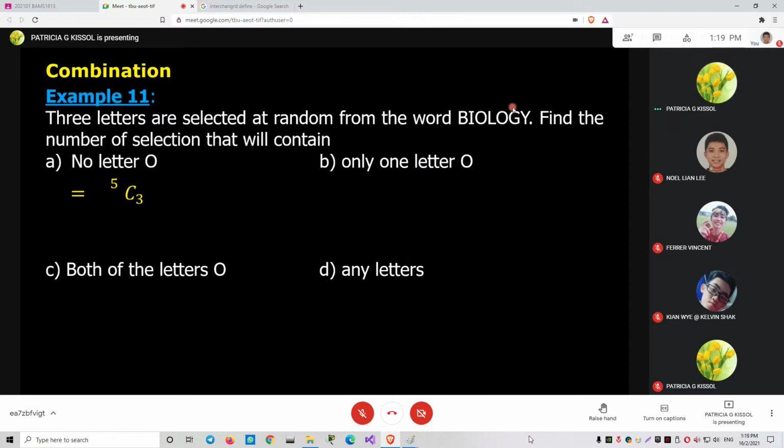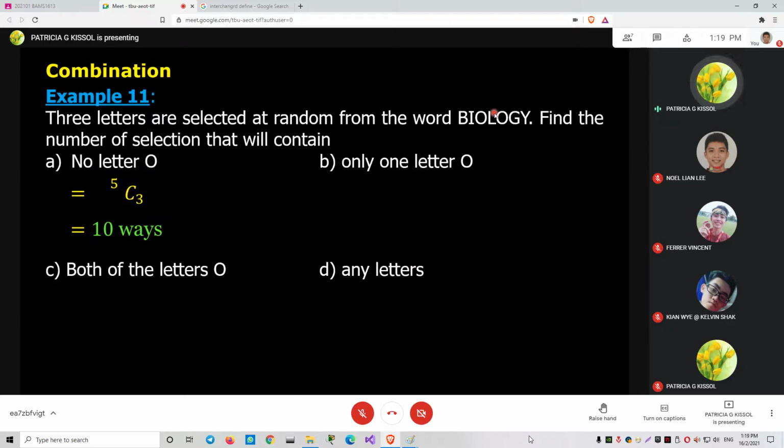All right. Now the other one, well, let me show you the answer for this one first. If you use your calculator, you get 10 ways. And then the other one, only 1 letter O. So that means we include one of the letter O here.